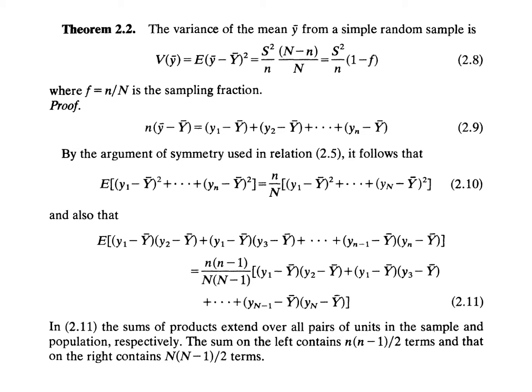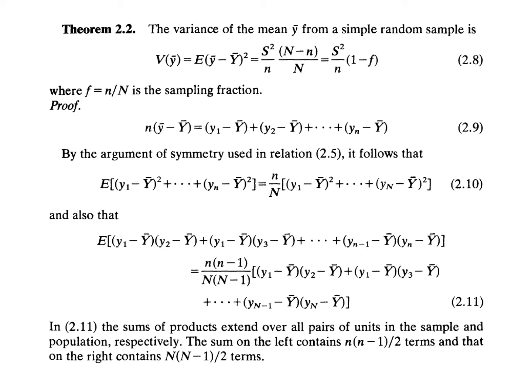Per the arguments of symmetry used in relation 2.5, it follows that the expected value of the sum of (y1 minus Y bar) squared up to (yn minus Y bar) squared equals n over N times all these values in the population. Also, the expected value of (y1 minus Y bar) times (y2 minus Y bar) plus (y1 minus Y bar) times (y3 minus Y bar) and so on, up to (y_{n-1} minus Y bar) times (yn minus Y bar), equals n times (n minus 1) over N times (N minus 1) as a common factor, times all the other values inside the brackets. We set this step as 2.11.